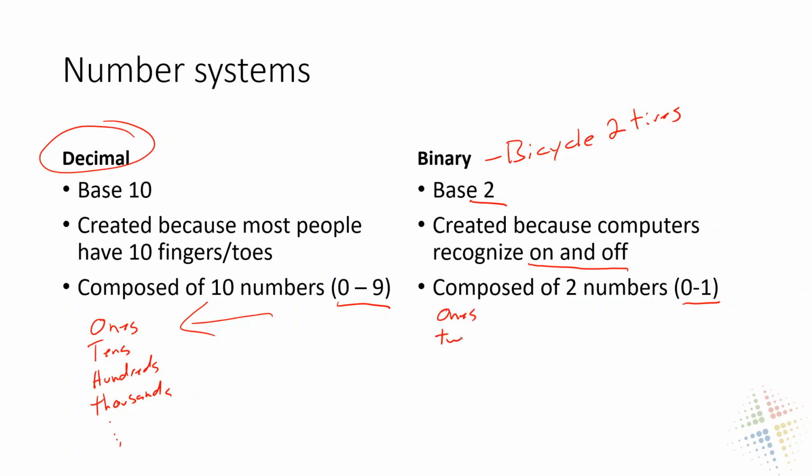We then go to 2s, then 4s, 8s, and so on. 16s, 32s, 64s, 128s, 256s, 512s, and so on and so on. You'll recognize those numbers more and more as you go through the class. Everything in base 10 is based off of multiples of 10. Everything in base 2, or binary, is based off of multiples of 2s.